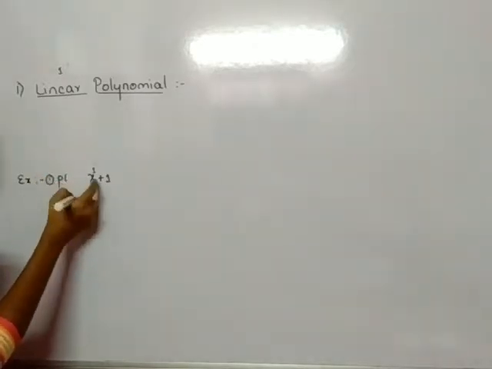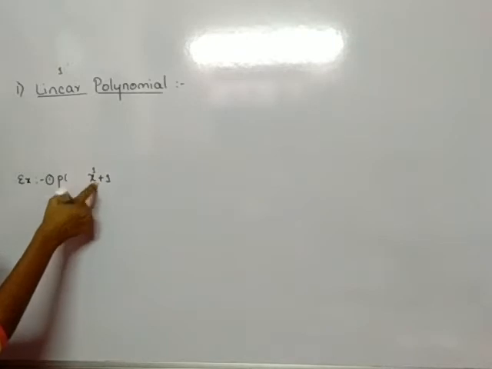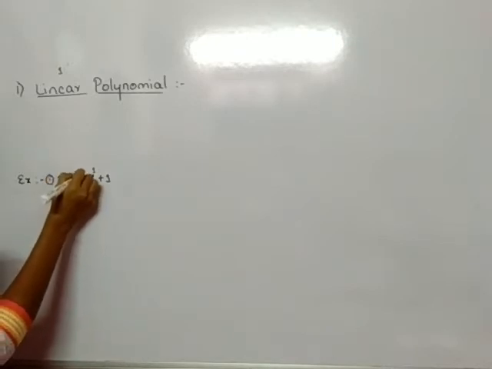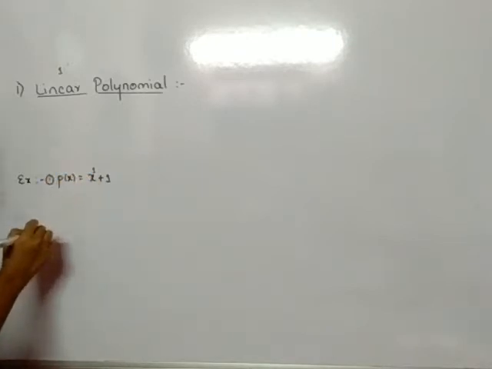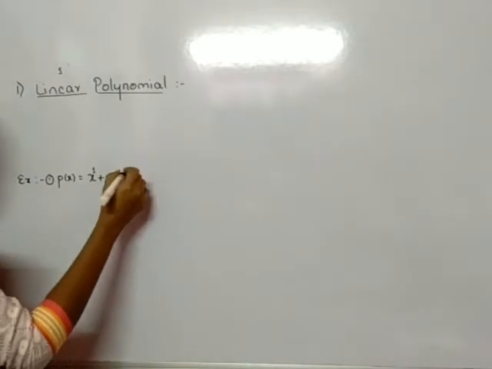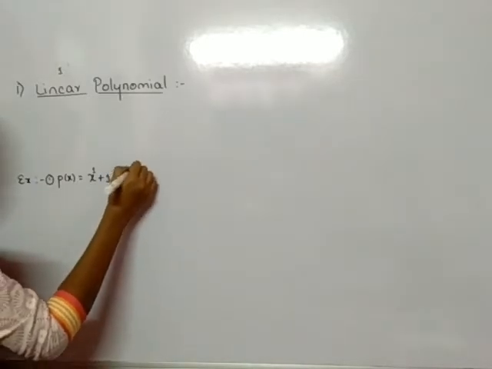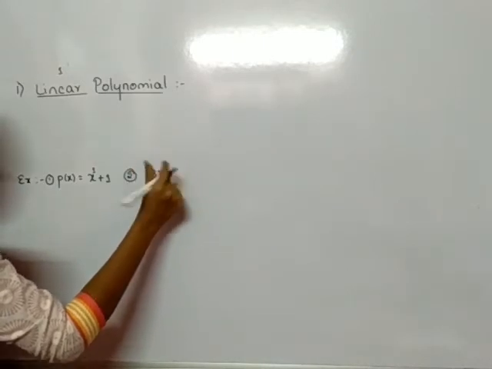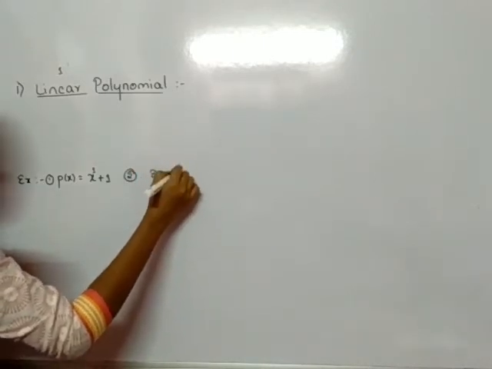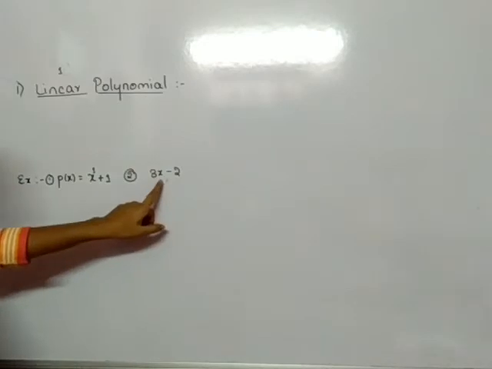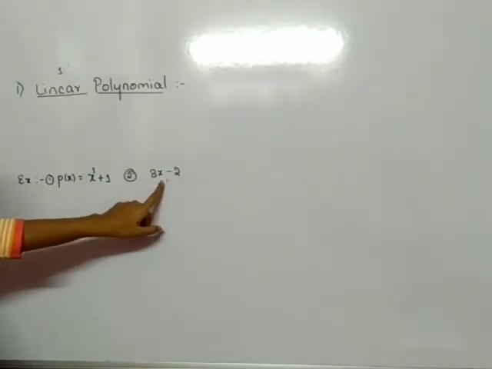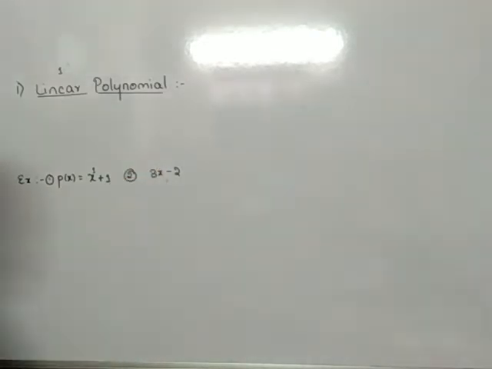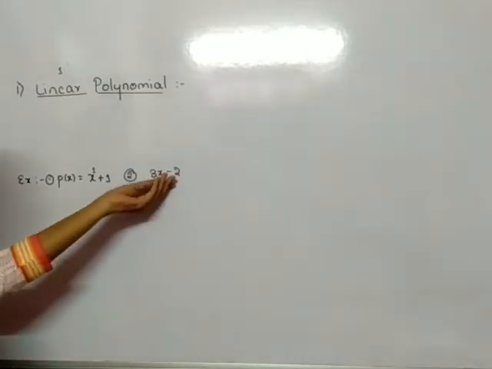If the polynomial contains x, then p of x is equal to this. Then the second one, we will take 3x minus 2. You can observe again the degree of this variable is 1, isn't it?